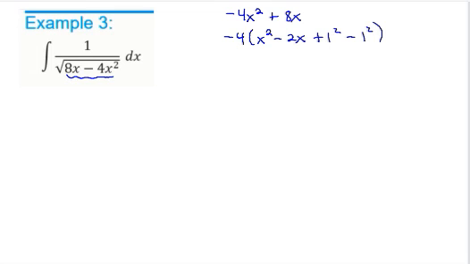All right. So what I have now is I have negative 4, and in parentheses I have this x minus 1 quantity squared, but I've also got this minus 1 here, like that. And if I distribute this negative 4 through, then I have negative 4 times x minus 1, the quantity squared, plus 4.